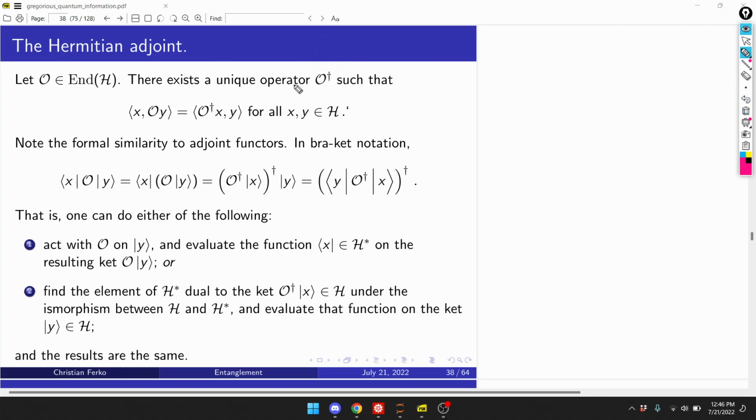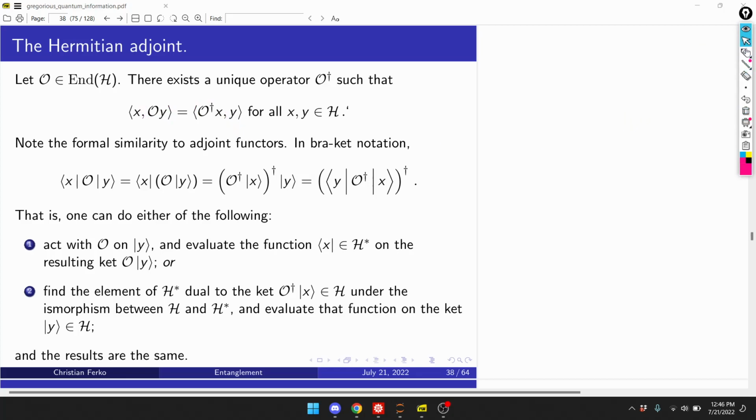There exists a unique operator O dagger with the property that the inner product between any element x in H and the output of the operator O on a second element y in H is the same as the inner product between O dagger acting on the left element x, inner producted with the same y.